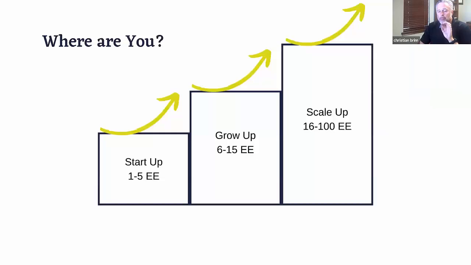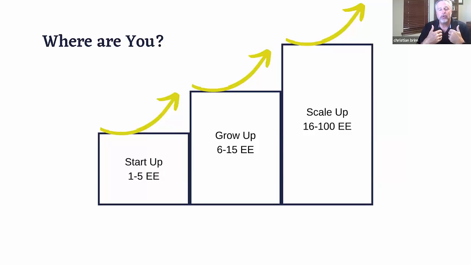Let's start with putting this in some kind of context, because growth means different things to different businesses and different times of their existence. We have used a separation based upon the growth intent of the company, and that has to do with the company wanting to grow, but also where they are in their business.